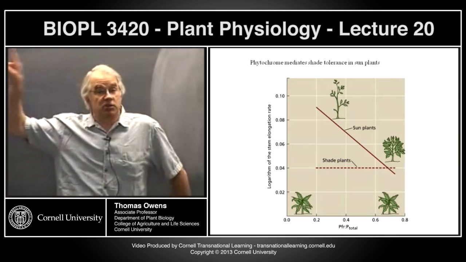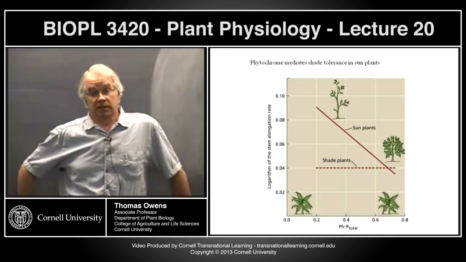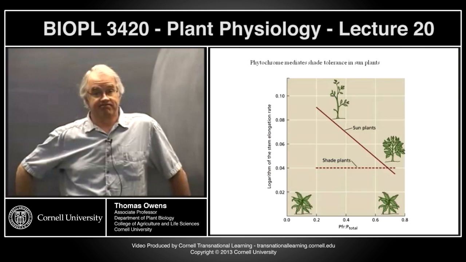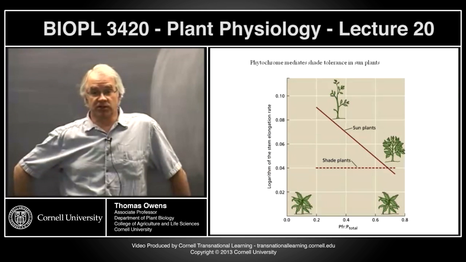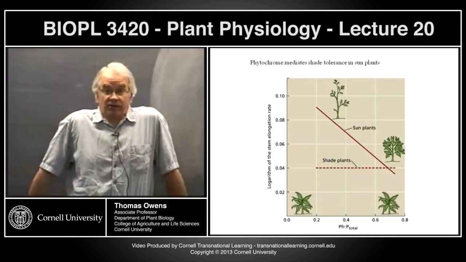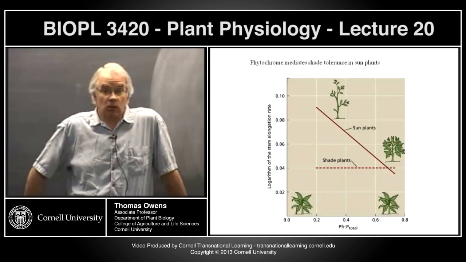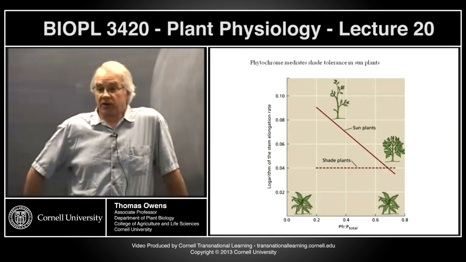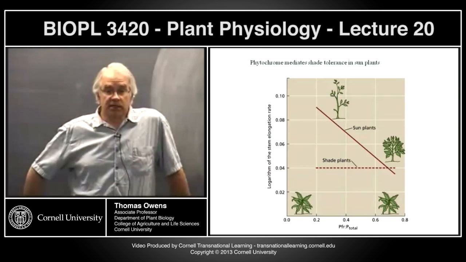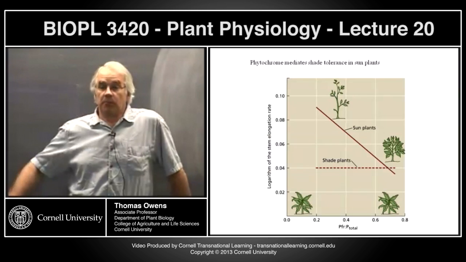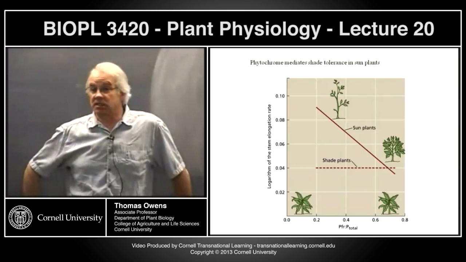But it happens to work pretty well as a shade sensor under these circumstances. So this is one of those evolutionary questions where we do have some pretty good information that says, no, it's unlikely that Phytochrome evolved because it's red far red reversible. But some physiological responses can take advantage of that.